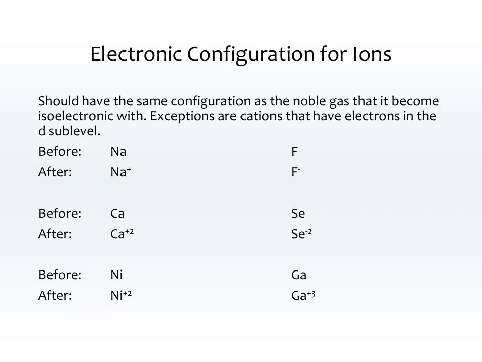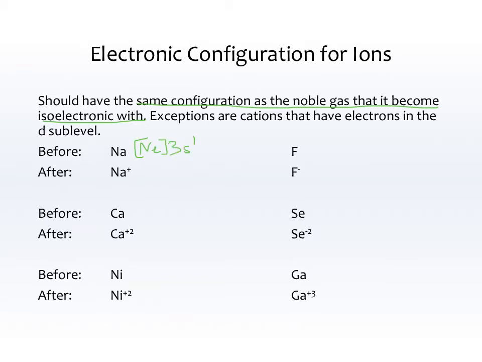For electronic configuration for ions, now we have already discussed this, but this is just a refresher. You should have the same configuration as the noble gas that it becomes isoelectronic with. The exceptions are some cations that have electrons in the D sublevel. We're going to get to that in a second. So before, the regular electronic configuration for sodium, Na, is Ne 3s1.